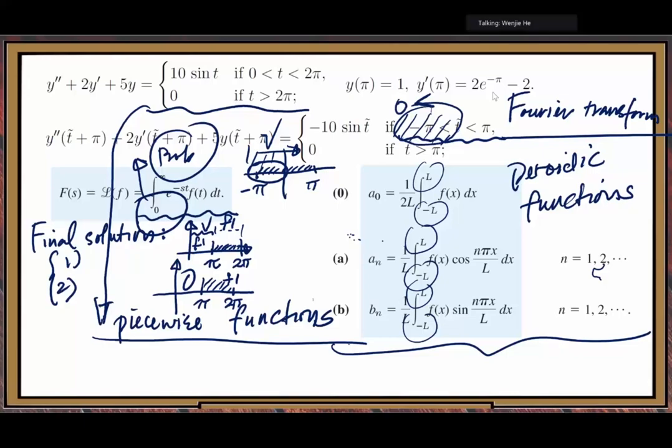In my grading, I noticed several students didn't use the Laplace transform. So in this situation, we have a piecewise function. Let me draw the function definition. There are two pieces, from 0 here.